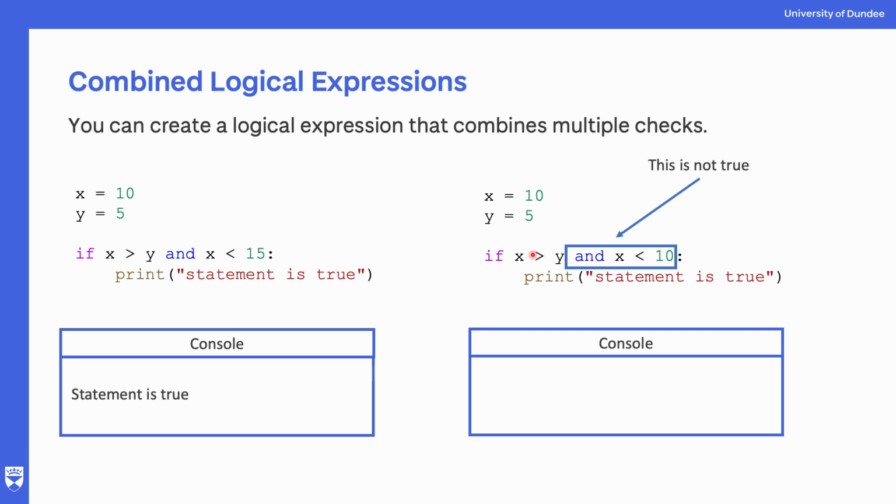It will have one true element and one false element, which means overall the combination with and is not true. So it will skip this next print line and then move on to whatever the next section of code is underneath. It's not a syntactical error, it's not something that's wrong with the code, it's something that's wrong with the logic, in that whatever is there cannot be true in this case.